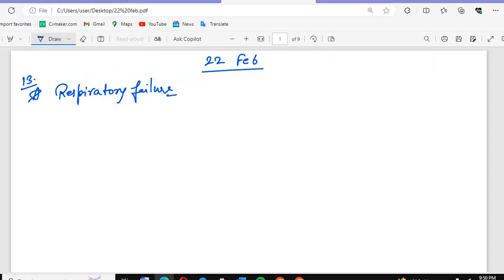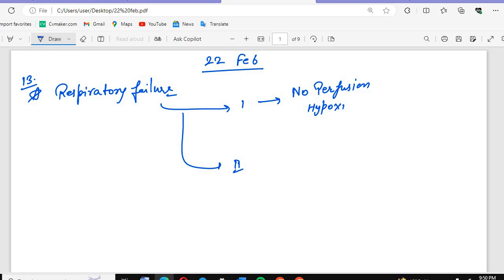So the respiratory failure, remember, in respiratory failure, there are 2 conditions. In the first condition, there is no perfusion, or there will be a hypoxia condition. Hypoxia means less oxygen will be there.